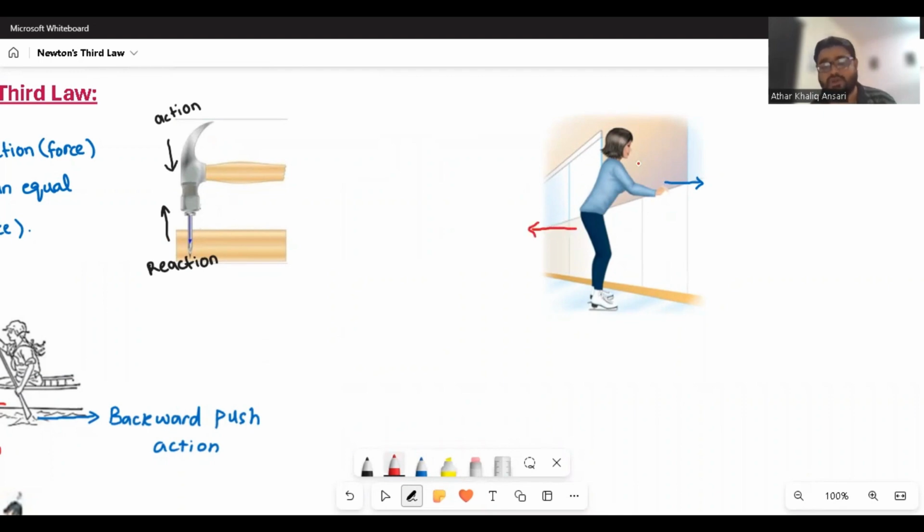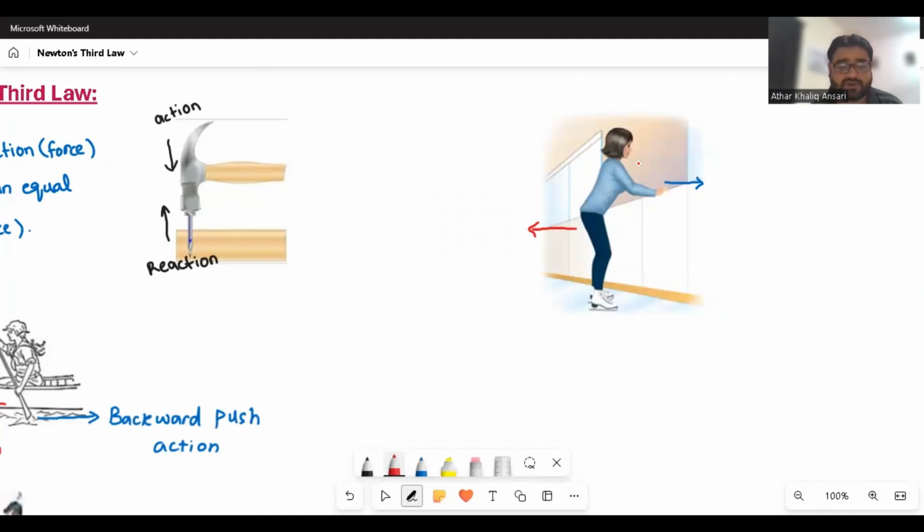This is the reaction. Whenever she applies more force on the wall, she will get a similar amount of force in return, and she will go backward quickly as a reaction.